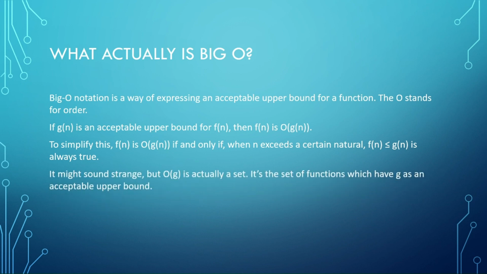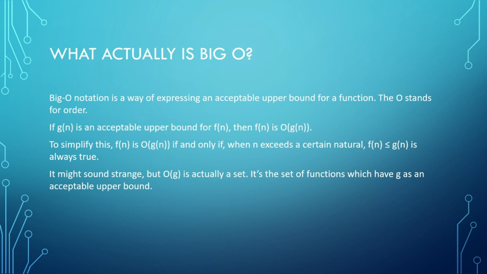It might sound strange, but order g is actually a set. It's the set of functions which have g as an acceptable upper bound. So let's say g of n is equal to n squared, then n squared would be an acceptable upper bound for log n, 2n, 3n, root n, etc. All of these would be functions, and they would be elements of the set order g, for example.